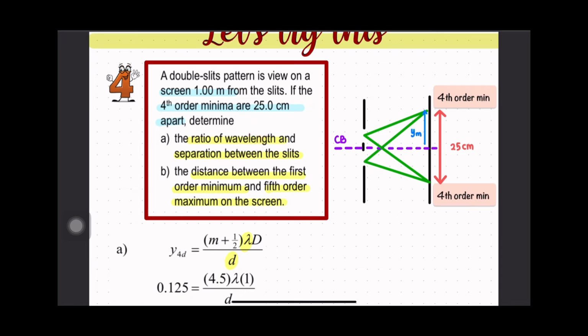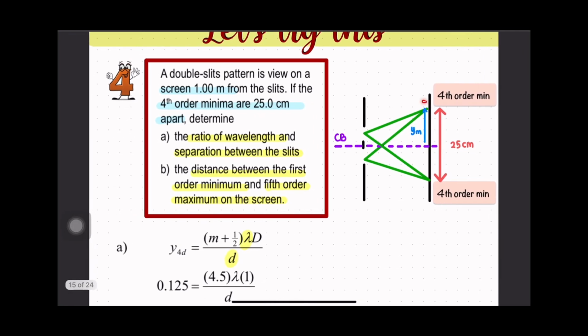Berapa nilai dia? Okay, so sekarang ni awak tahu jarak antara fourth order minimum dengan fourth order minimum adalah 25 cm. Formula kita Y ni dia boleh calculate sebelah side je. Bila sebelah side maksudnya 25 cm you kena divide by 2. Okay, baru you dapat one side untuk dapatkan dalam formula lah. So 25 cm, 25 times 10 to the power of negative 2, you bahagi 2, you akan dapat 0.125.